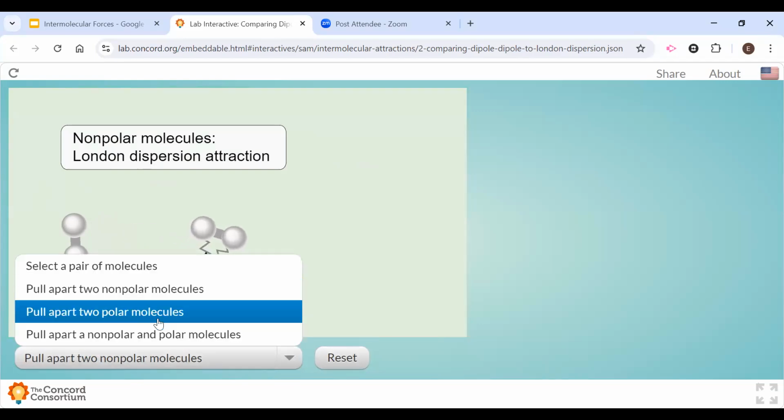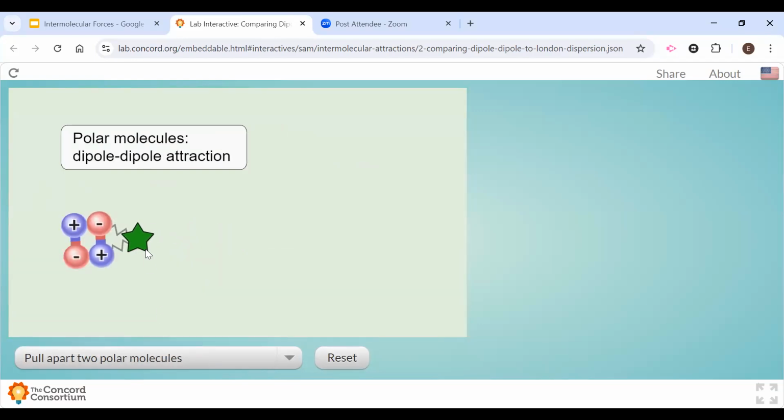Then let's look at polar. That is dipole-dipole. Okay? These polar molecules form dipole-dipole force, an intermolecular force. Look at this. Okay? You see, it's a stronger force than the London dispersion force.